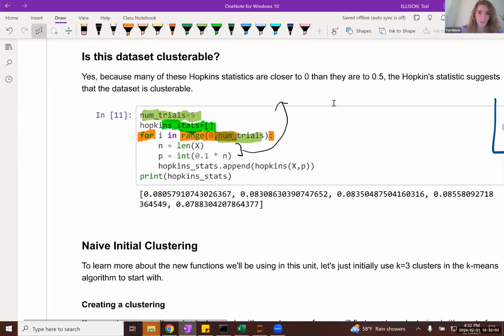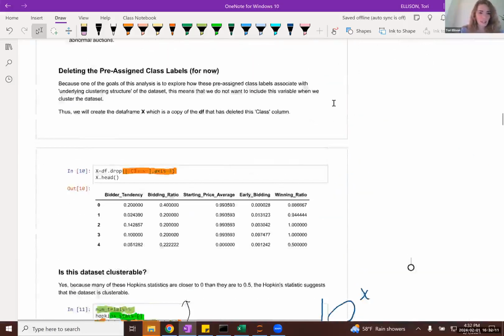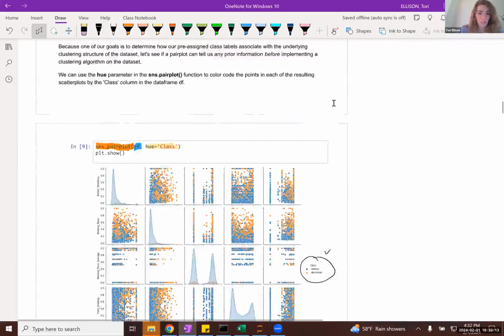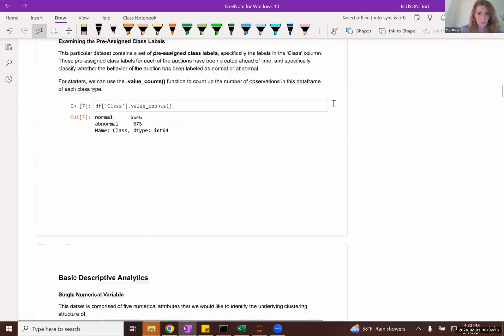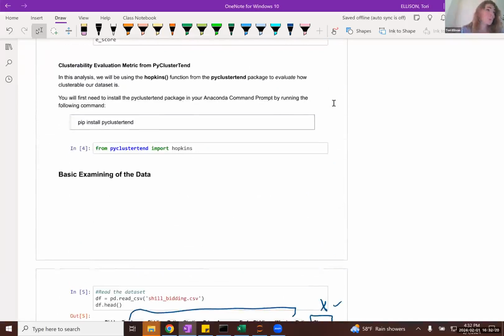So if I want to quickly calculate a Hopkins statistic, I can use the Hopkins function, which unfortunately is not a function that is contained in scikit-learn. So if you want to install a package that will automatically calculate the Hopkins statistic for you, you'll need to run pip install pyclustertend in your Anaconda command prompt to give you this Hopkins function here.